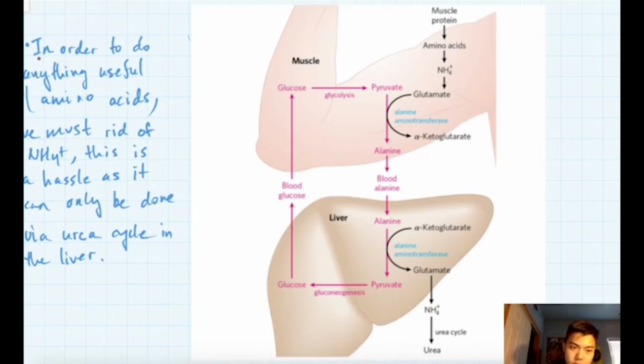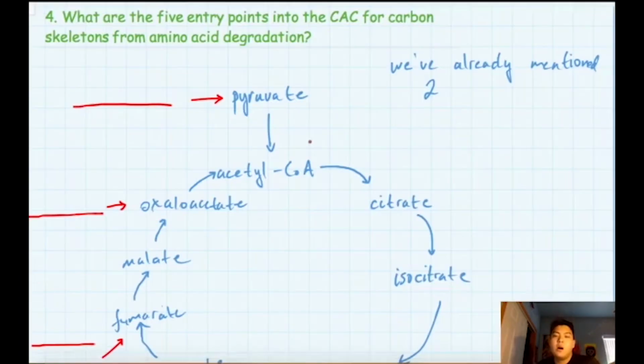So I'm just going to reiterate, in order to do anything useful with amino acids, we have to get rid of the amino group, or ammonium ion. This is a hassle as it can only be done in the urea cycle, which occurs in the liver, right? Okay, so now we're going to jump back into the objectives. What are the 5 entry points into the citric acid cycle for carbon skeletons from amino acid degradation?